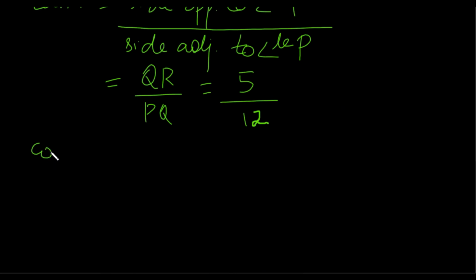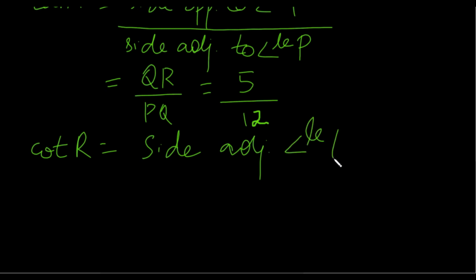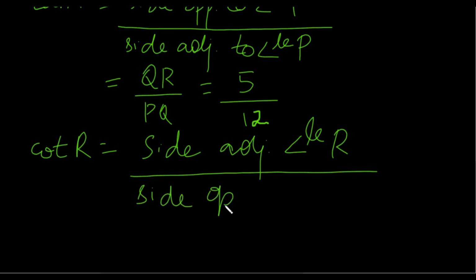Cot R is equal to the side adjacent to angle R divided by the side opposite to angle R. So now let's see it in the figure.